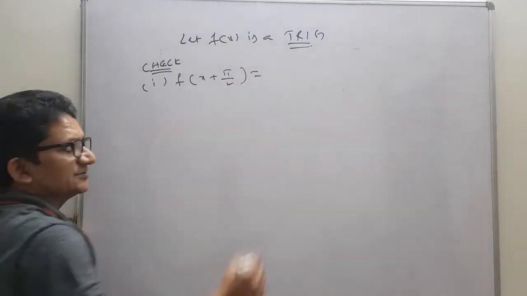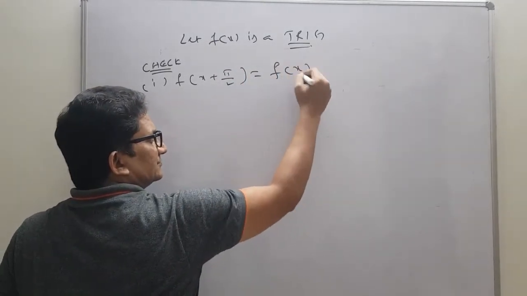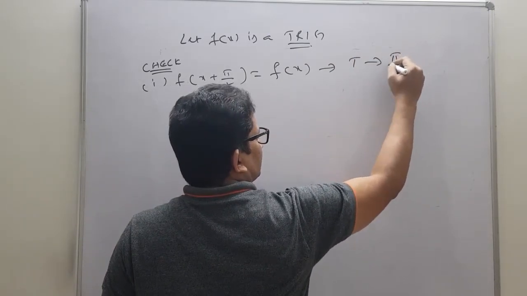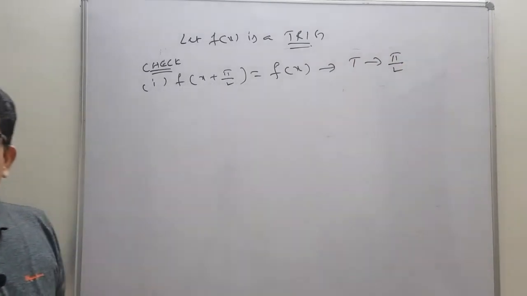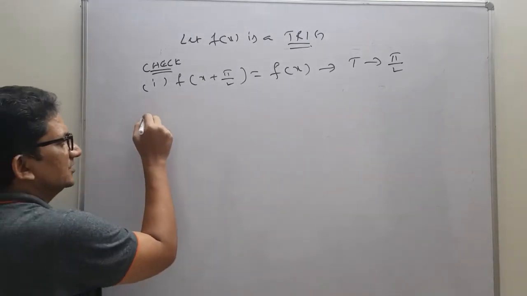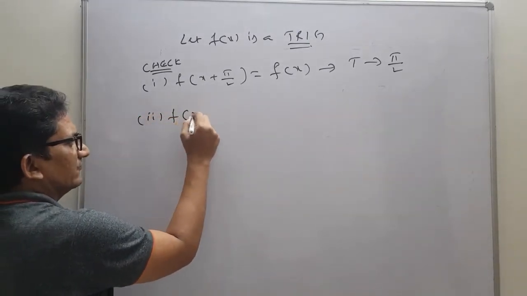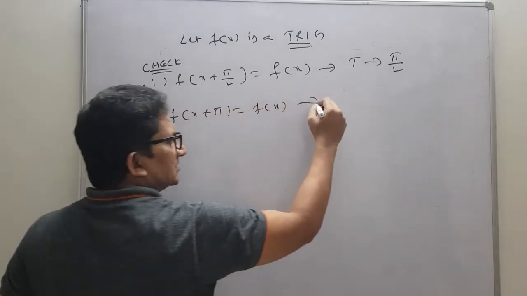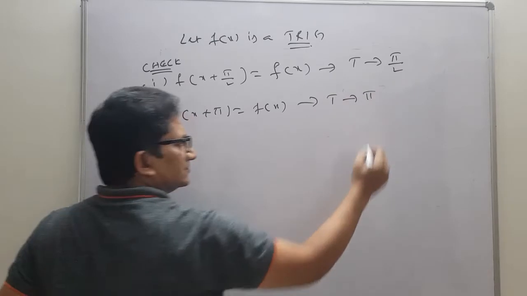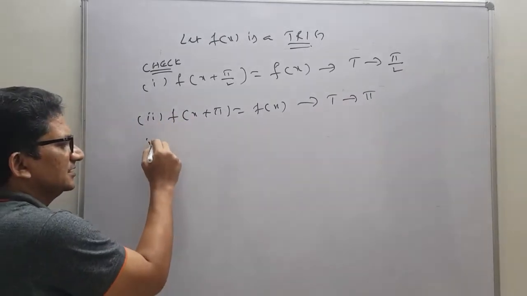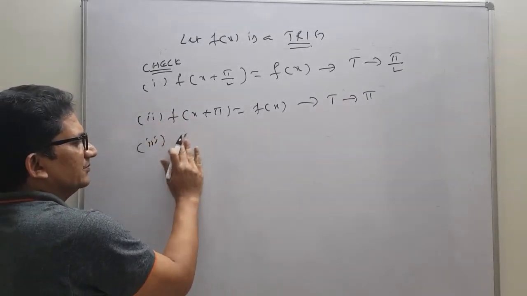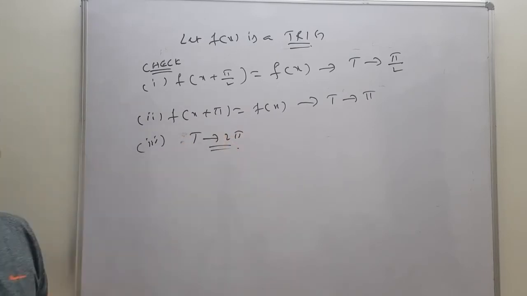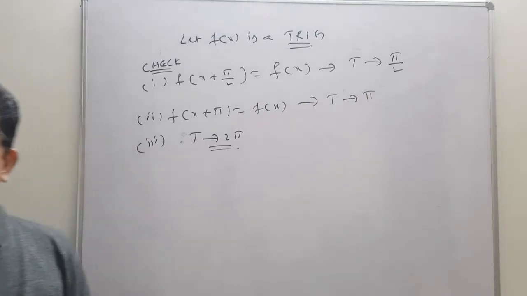If f of x plus pi by 2 equals f of x, then straight away we can write the period is pi by 2. If it fails, then you check f of x plus pi. If this happens, then the period is pi. If it fails, then straight away we can write the period is 2 pi. 100% it happens. So this is the logic.